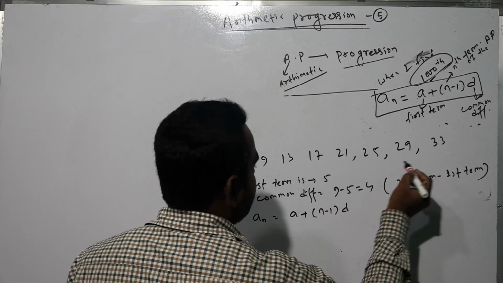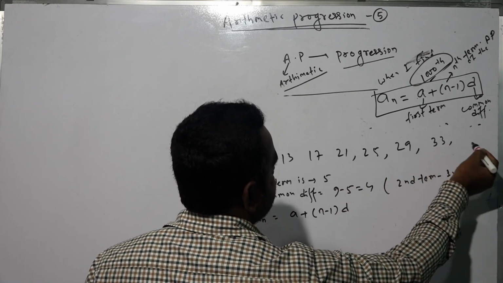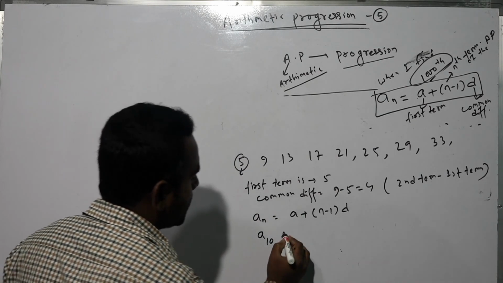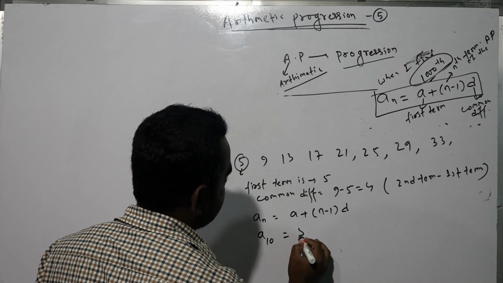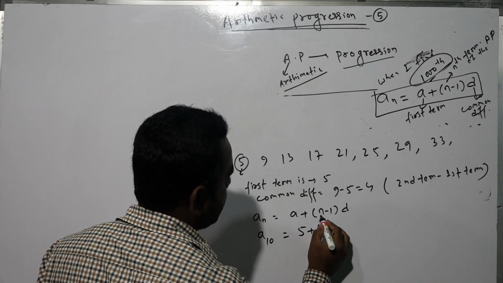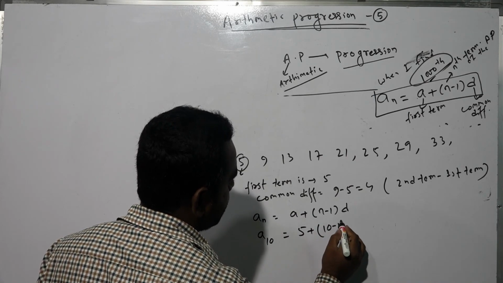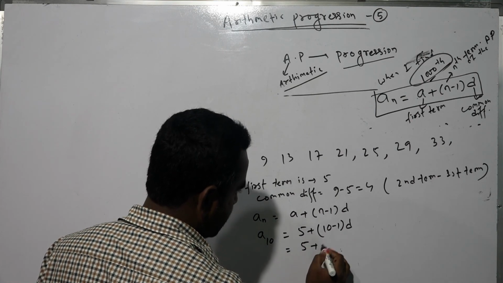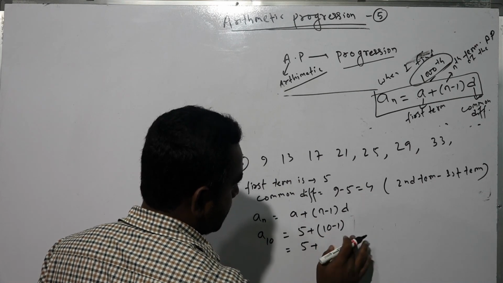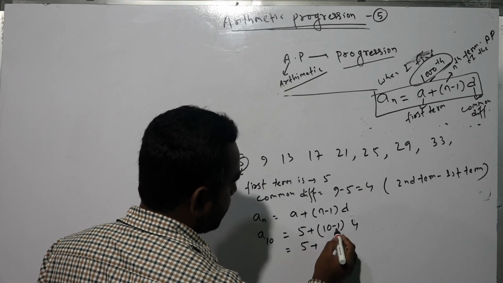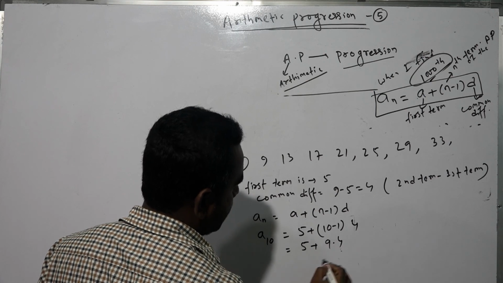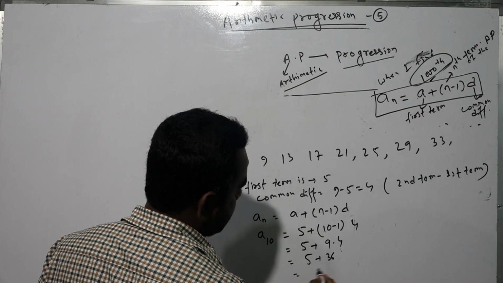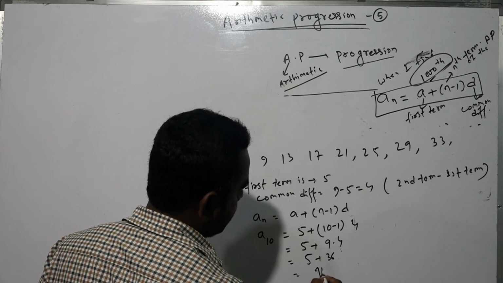When we find the 10th term, a_10 equals a, which is 5, plus 10 minus 1 into d, where the value of d is 4. 10 minus 1 is 9, into 4, is 36. 5 plus 36 is 41.